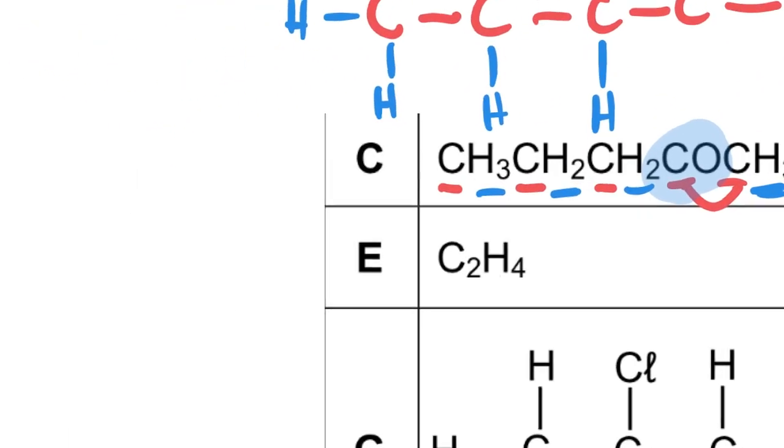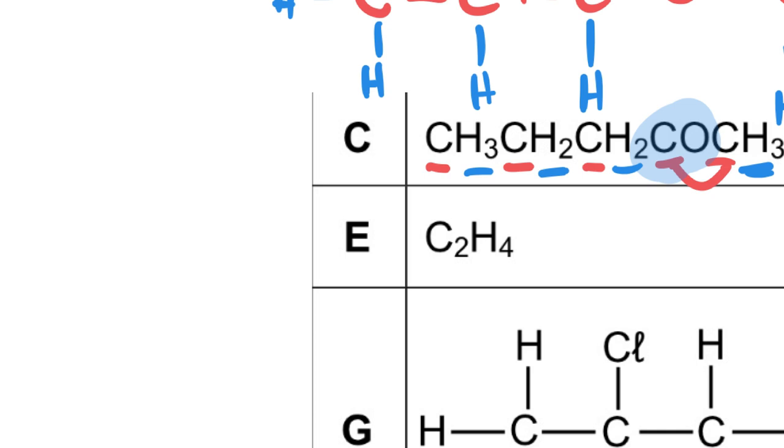Now, C2H4 is an alkene because this satisfies the general formula for alkenes, CnH2n. And if we draw it, we'll see that there is no option other than the fact that it is ethene.